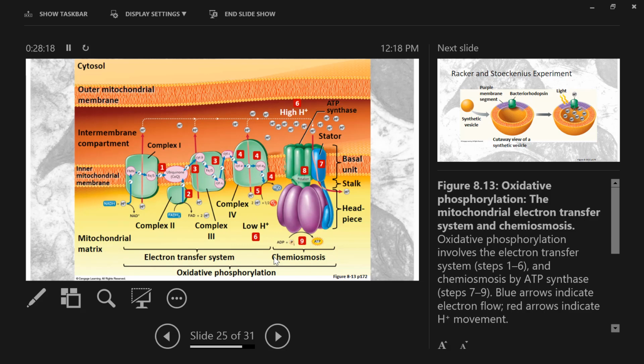Which means you can't go through cellular respiration. You go through glycolysis followed by fermentation. All right? So what does that mean about where fermentation happens? It happens in the cytosol because pyruvate did not get into the mitochondrion, so fermentation has to happen in the cytosol, in the same place pyruvate is being generated.